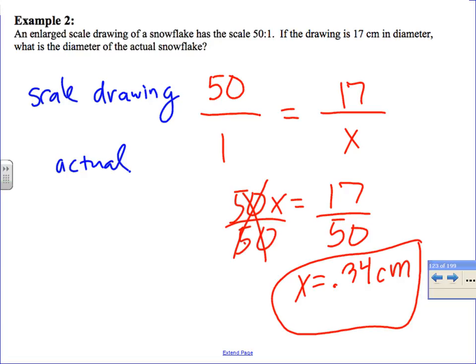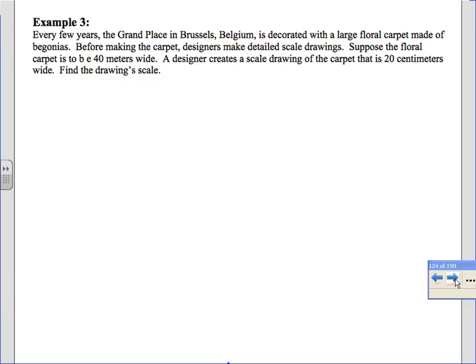Begonias. It's flowers, Doug. Awesome. Thank you. So you kind of wonder why they're doing this for a floral carpet, but they are. It must be a big deal to design a perfect floral carpet for the palace in Brussels, Belgium.